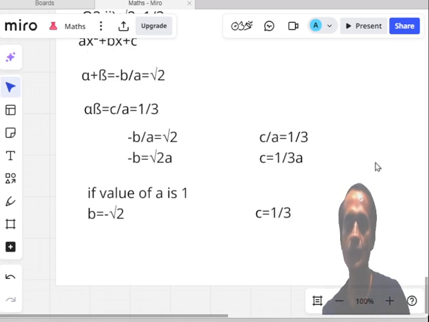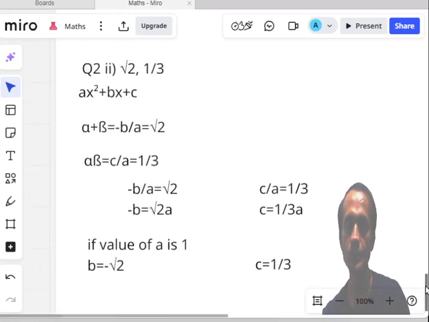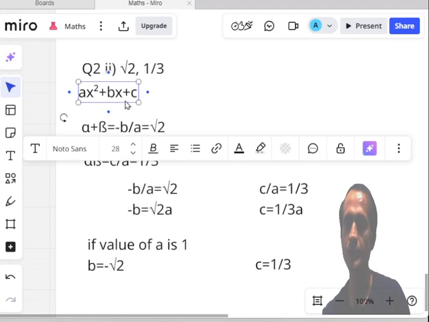Now we input these values in the standard form of the quadratic equation.